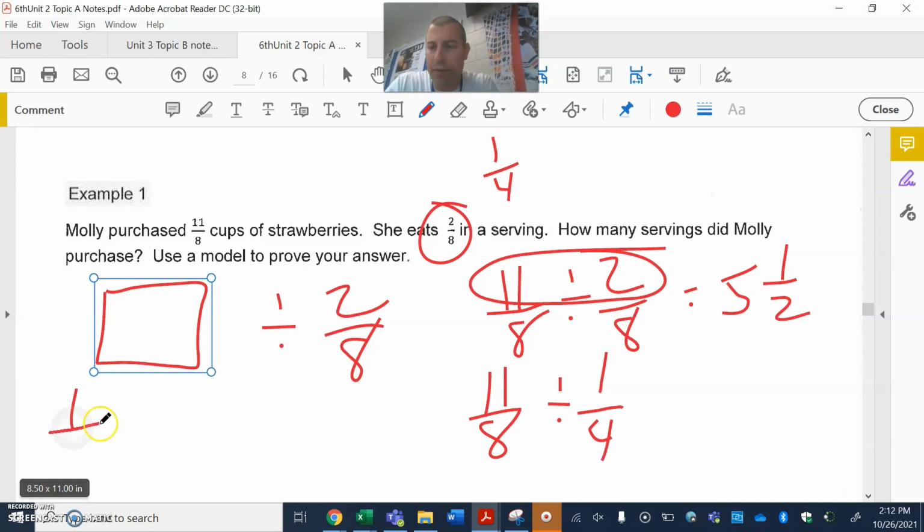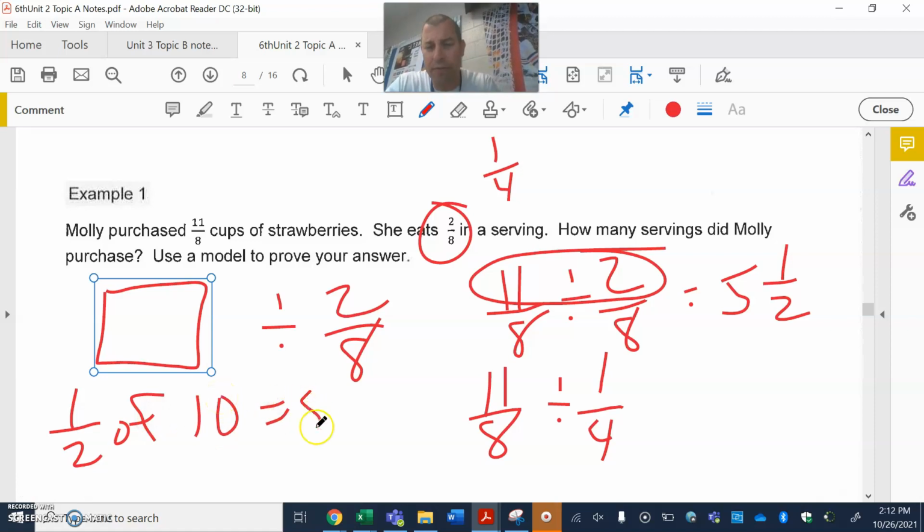If you're going to take half of 10, well, we know that's 5. But mathematically, what's going on here? To take half of something, we're actually dividing by 2.